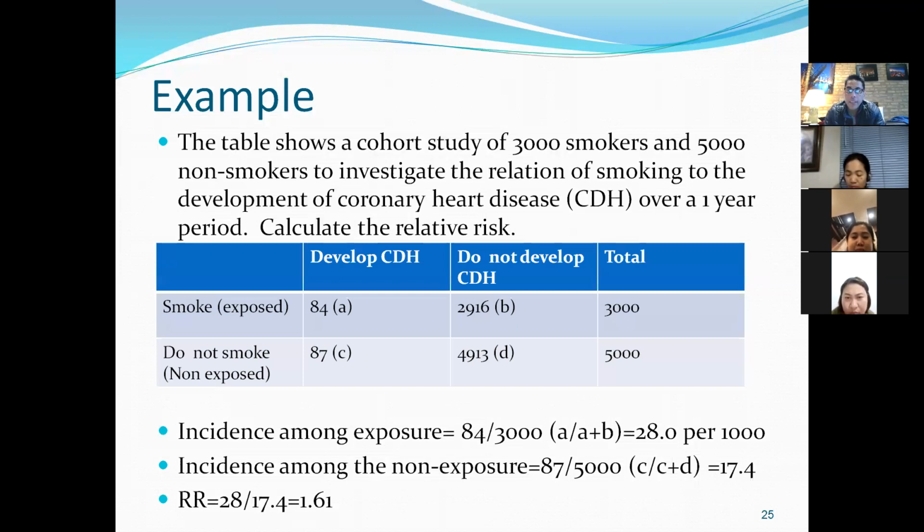And that's how we ended up with 28 divided by 17.4, and you get a relative risk of 1.61.